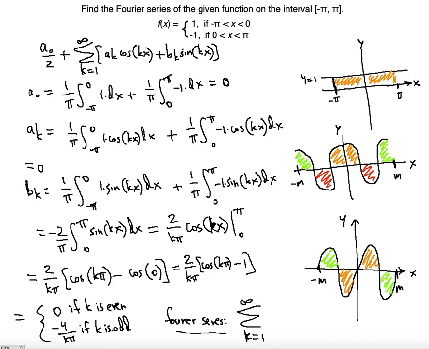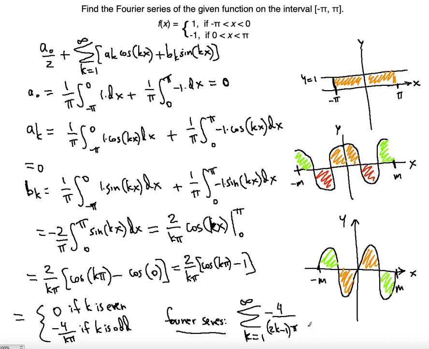So to do that, let's first write out b subscript k, which is negative 4 over, but keep in mind, we can't write k, because if we write k pi, we will also include evens, and we don't want that, because when k was even, we got 0. We don't want to count those cases that are 0, right? So to avoid that, we have to write 2k minus 1 instead of k here, 2k minus 1 times pi.